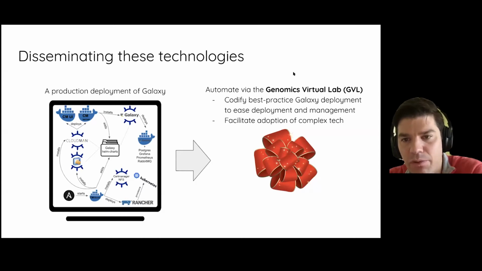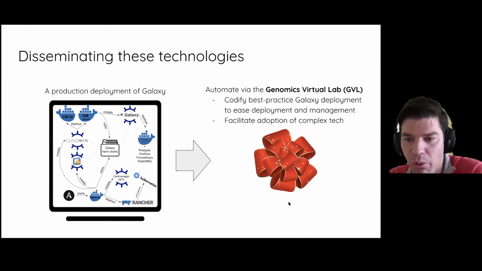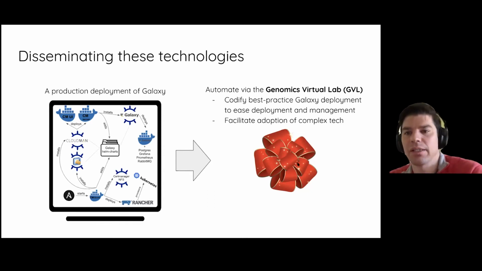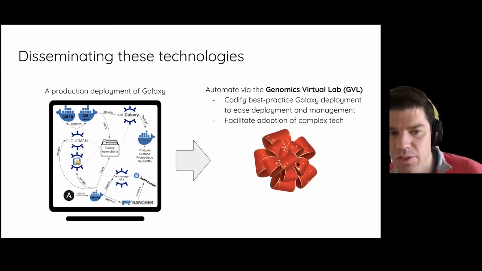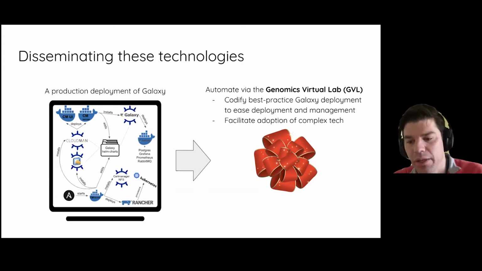So to ease this, we've been working on the Genomics Virtual Lab platform that codifies best practices for Galaxy deployment to ease the deployment and management, and in turn facilitate the adoption of this complex technology. You basically get a complete production-grade Galaxy deployment without having to learn all the intricacies of all the services that are required to run it. So in the context of this project, we will advance the Genomics Virtual Lab capabilities to include support for interactive tools and remote data computing.